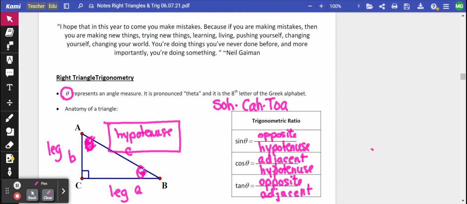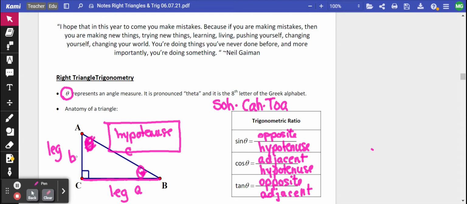Like that's not going to change. But if we were to say that angle B was theta, this side right here would be adjacent to the angle, and this side right here would be opposite, right? Because adjacent kind of means attached or next to, and opposite means on the other side.